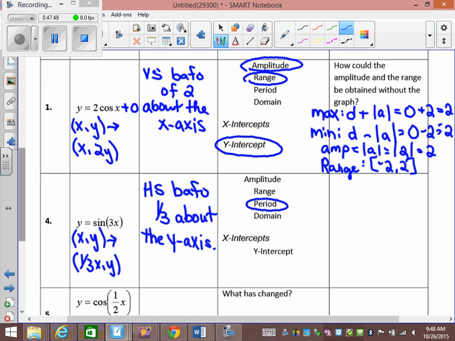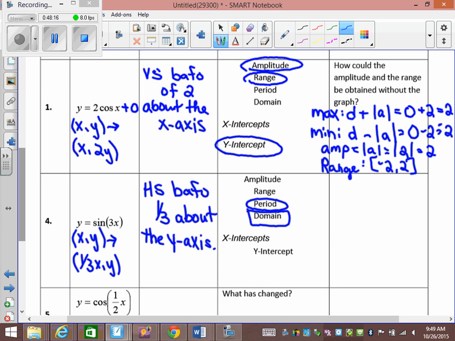So this is kind of a trick question, because was the domain restricted? Then yes, it changes. If the domain is not restricted, it's x ∈ R. Right? Does that make sense? So I'm going to box it, because if it's a restricted domain, then yes, it changes. If the domain was x ∈ R, it's still going to be x ∈ R. Your graph is just going to go through more cycles.